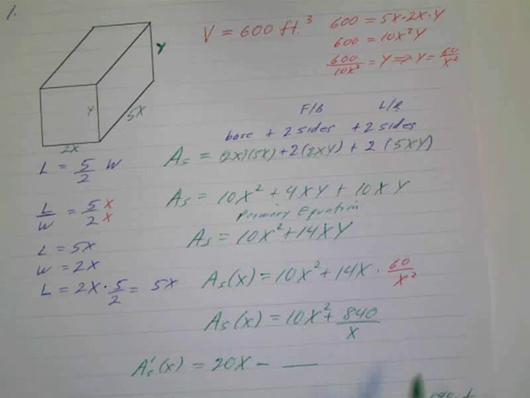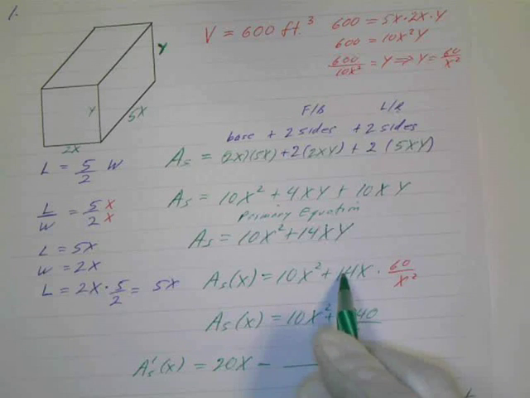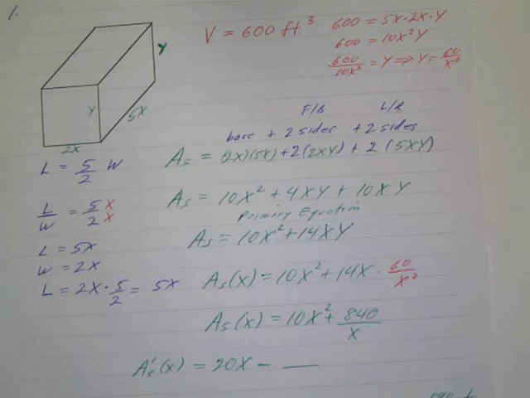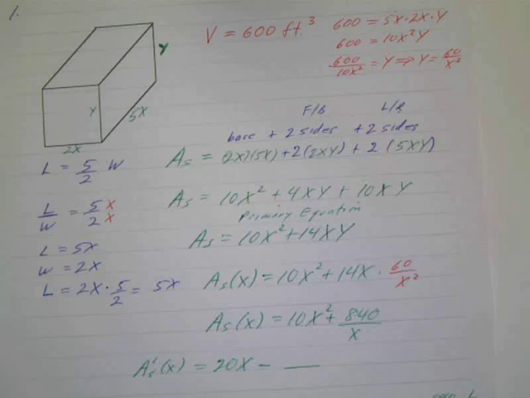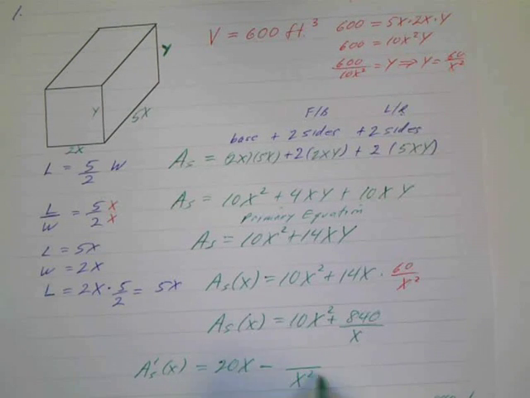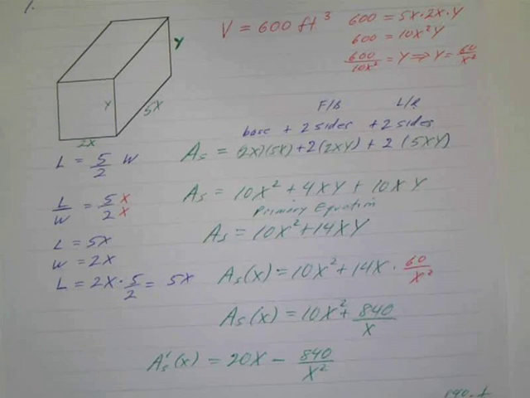All right, so this is just 840 over x because I did the multiplication, okay, 840, and then x goes into x squared x times. So that's where I have my 1 over x. Okay, so the derivative of 1 over x again is negative 1 over x squared. And then I've got my 840 on the top. And there's your derivative.